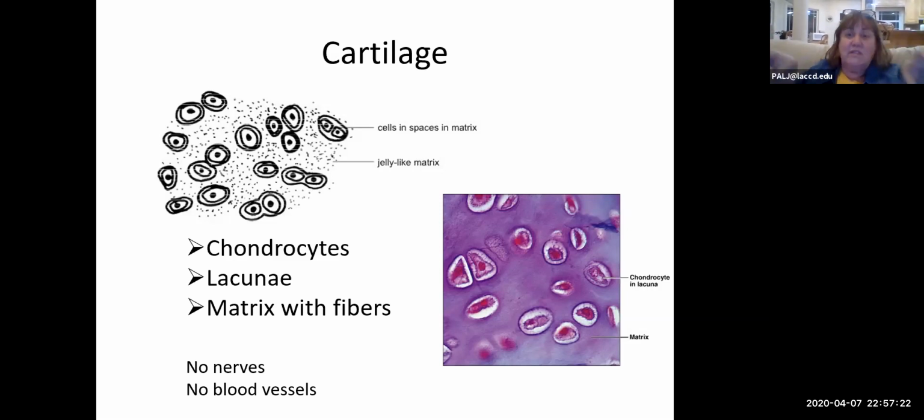So the closer it is towards the outside, the better nutrition, and the further away from the outside that piece of cartilage, the worse the nutrition and the more propensity it has for dying. That also means, since we don't have blood vessels, if you damage the cartilage, it is going to be super, super slow to repair, if it can repair.